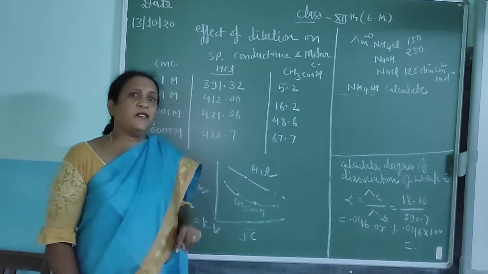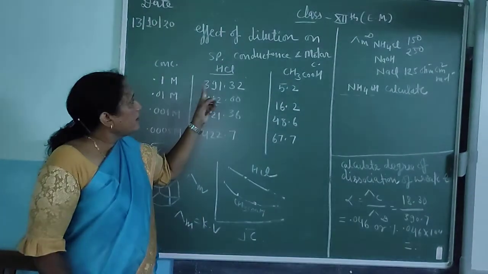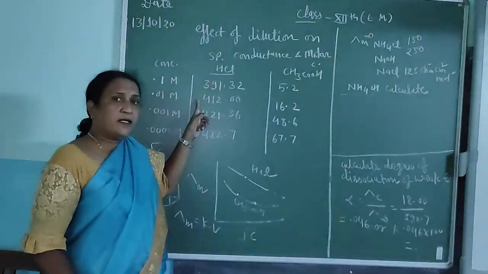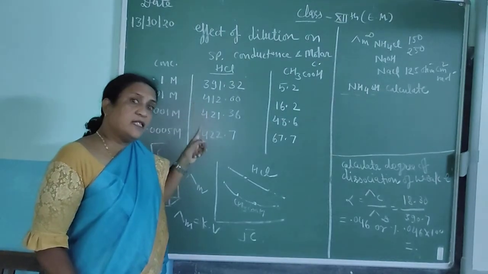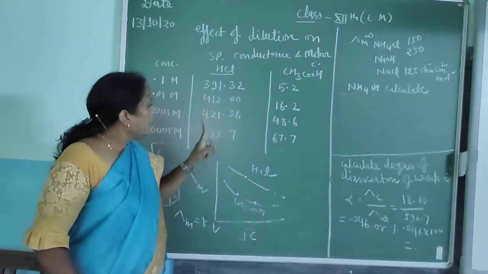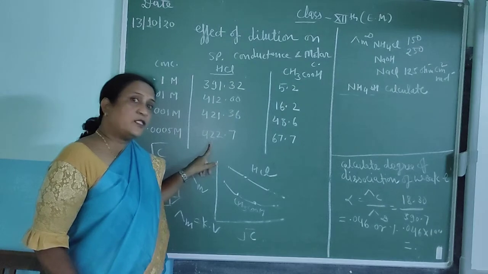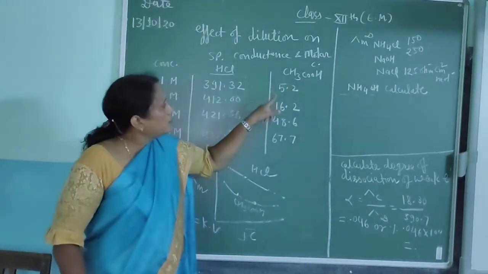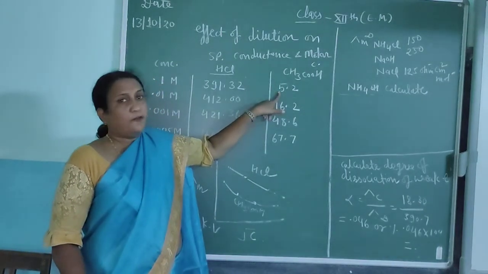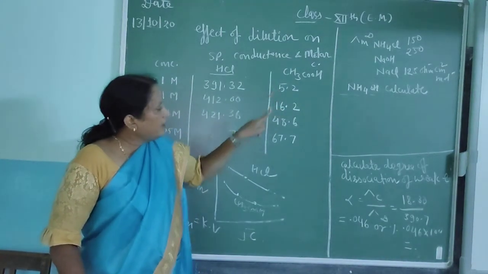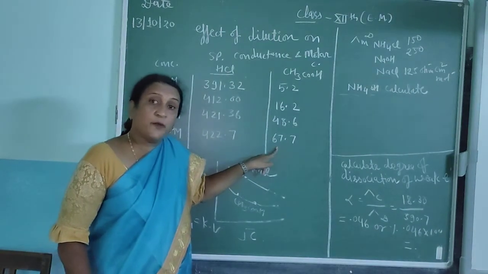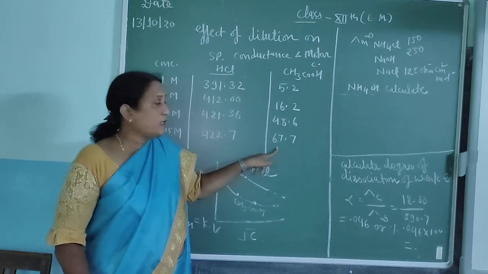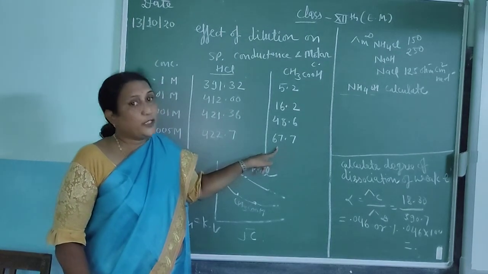Here a very important thing is that when we consider the strong electrolyte, definitely molar conductance and equivalent conductance are increasing, but you are seeing here that the value is not doubled. But when we talk about the weak electrolyte, you saw that 5 conduction was there, but at last it is 67.7, near about 12 times higher conduction is done for the weak electrolyte.